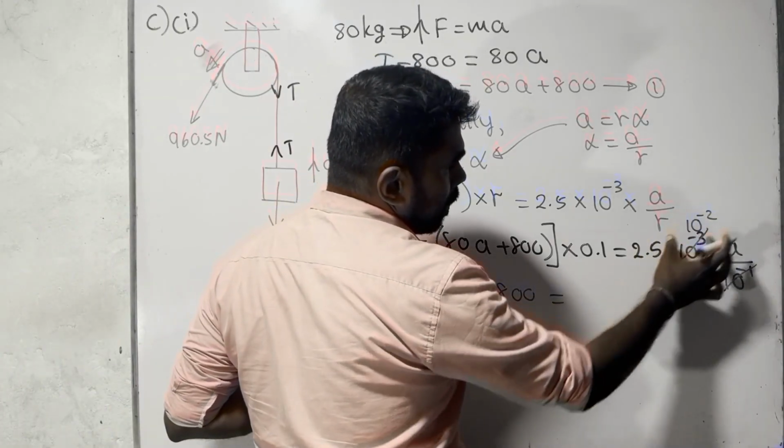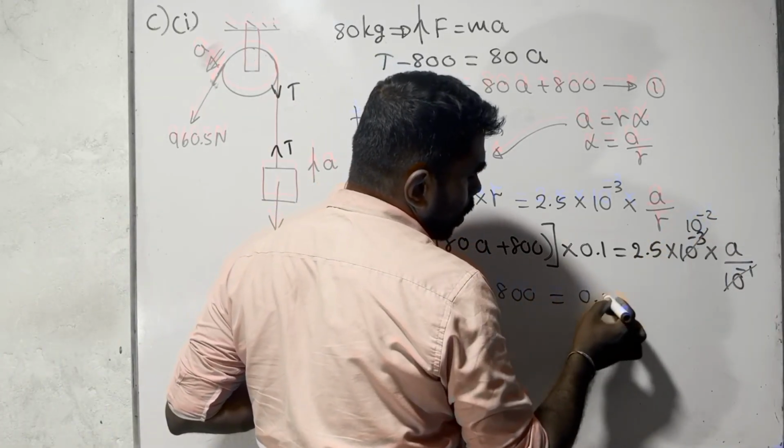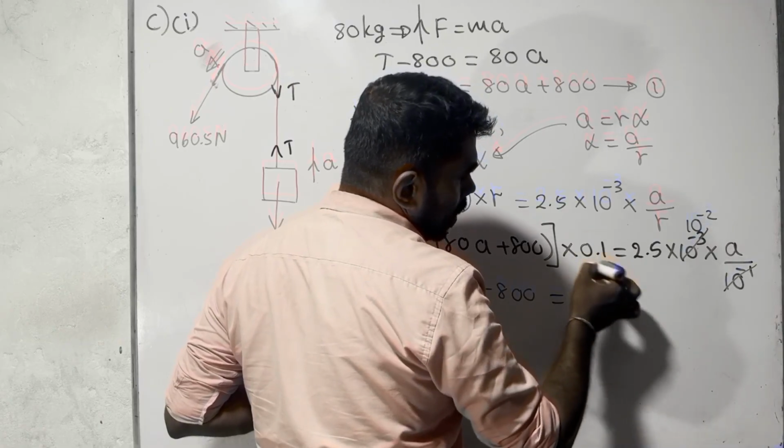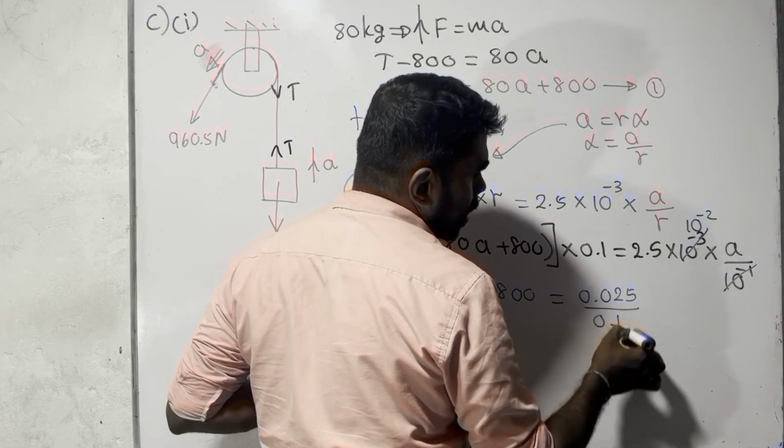Then 2.5 into 10 to the power minus 2 means 0.025. I will bring this 0.1 to the right hand side as a division.